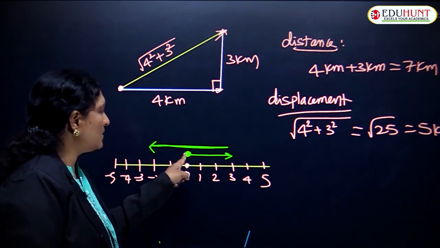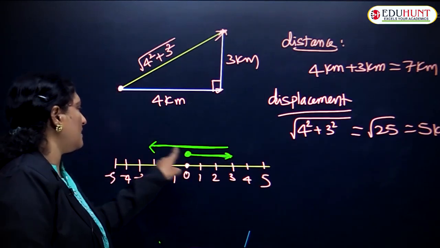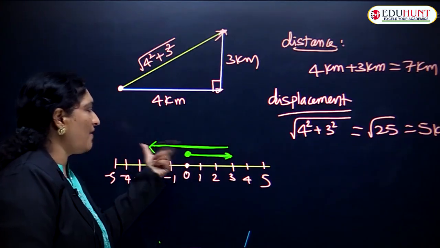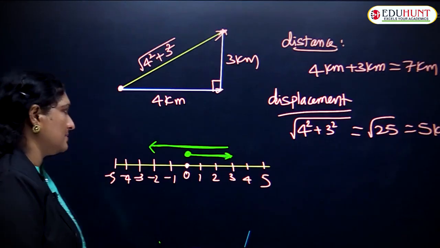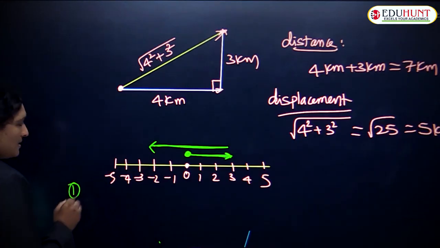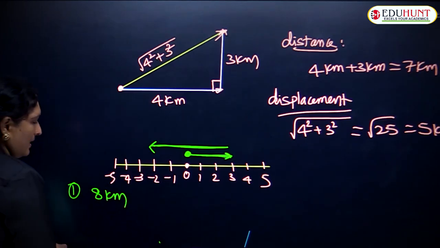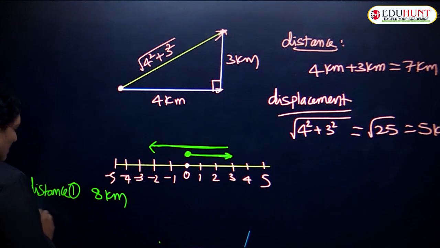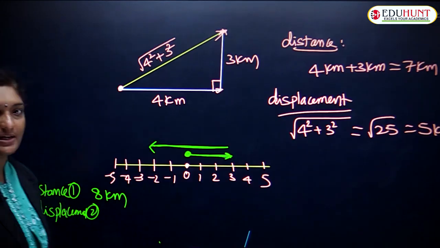In case 1, the total distance covered is 3 kilometers here, and again from here to here 3, and again from here to here 2. Totally 3 plus 5. How much is that? 8 kilometers. In the first example, the person has traveled a distance of 8 kilometers. Whereas displacement in the first case, what do you mean by displacement, children?